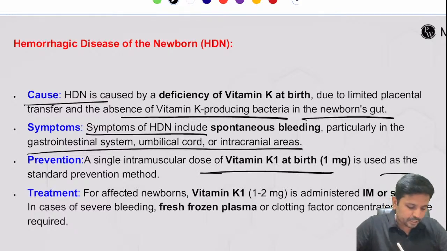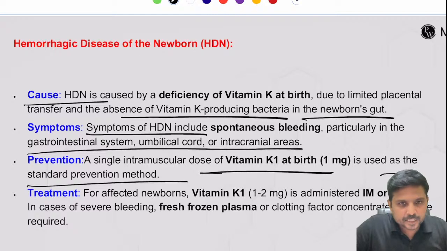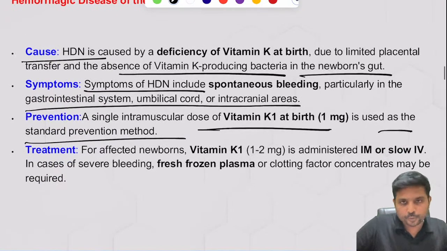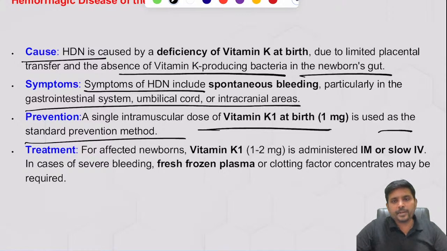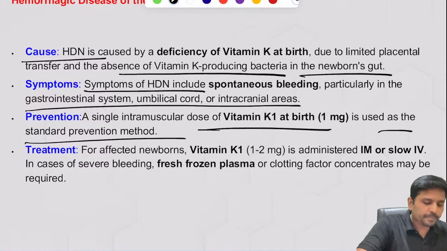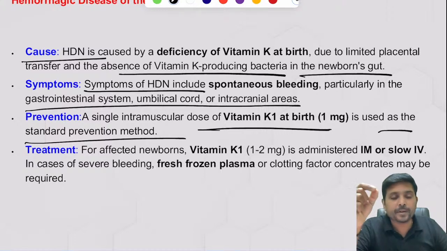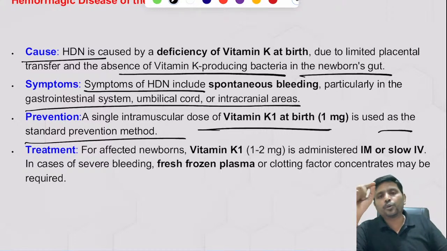What is the dosage of vitamin K, and what is the management of hemorrhagic disease of newborn? The management is very, very simple. When you have time, you give injection vitamin K to look for replenishment of factors 2, 7, 9, 10.